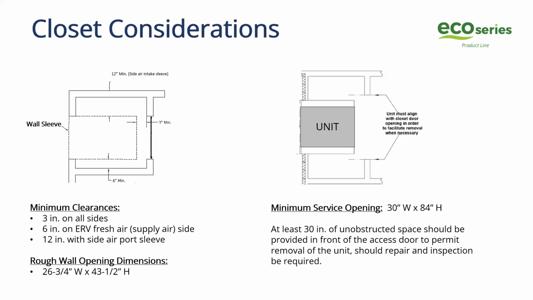So that would be on the exterior wall, the dimension where the wall sleeve in the unit would be installed. And then on the inside, we're looking for a minimum of a 30-inch wide by 84-inch high service opening, so that you can slide the unit in and out without having to take down drywall or doing any alterations to the existing structure.